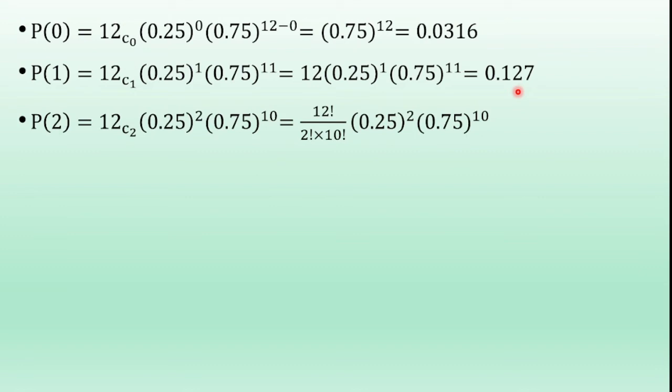Next determine P of x is equal to 2. P of 2 is 12C2 into 0.25 squared into 0.75 to the power of 12 minus 2, which is 10. 12C2 using the nCx expression is 12 factorial by 2 factorial into 12 minus 2 factorial. 12 minus 2 factorial is 10 factorial.